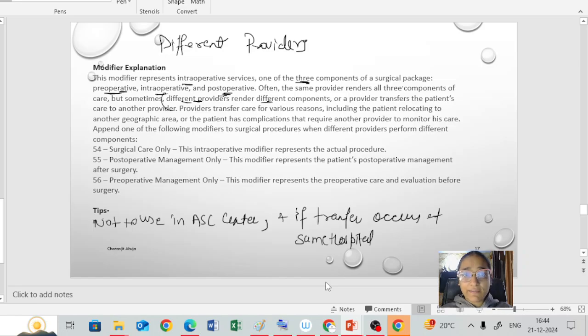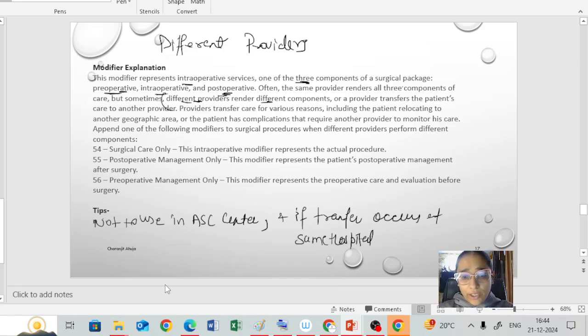One provider is giving the preoperative care only, like just evaluating the patient before the surgery and letting the doctor know that this patient is ready for the surgery, we can proceed now. That is the preoperative service. Next is intraoperative, which means another doctor is going to do the surgery, and postoperative means a different provider is going to take care of or evaluate the patient after the surgery.